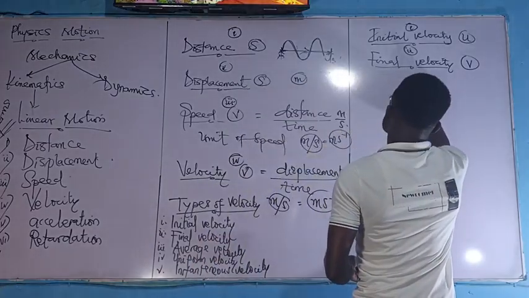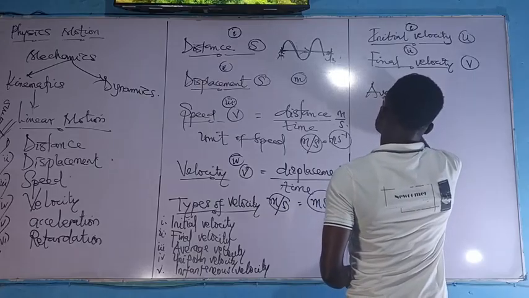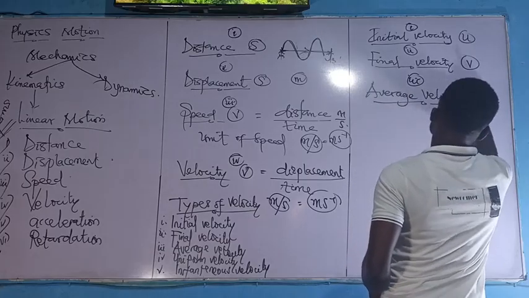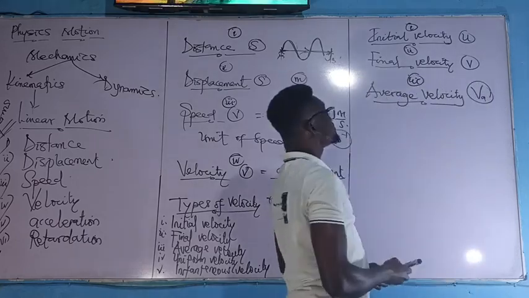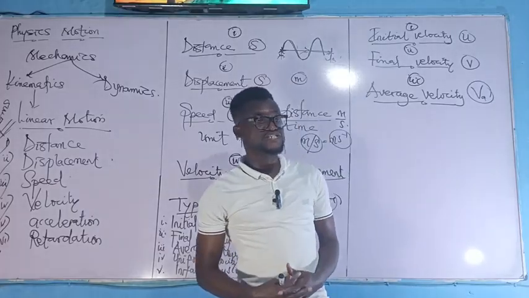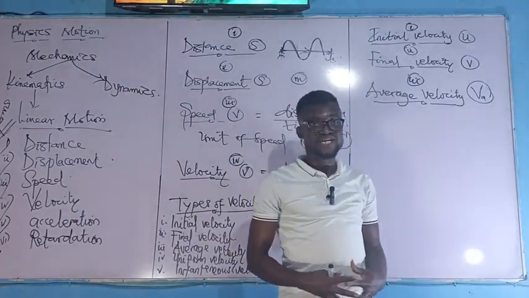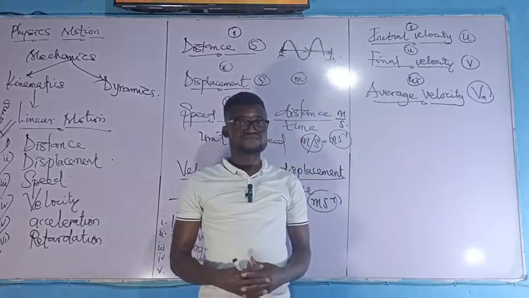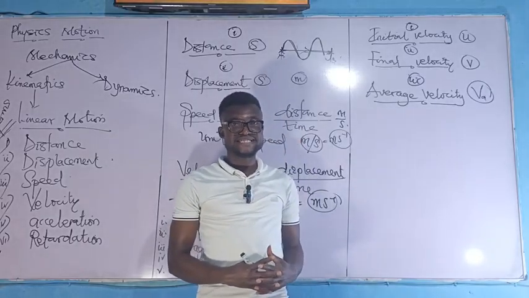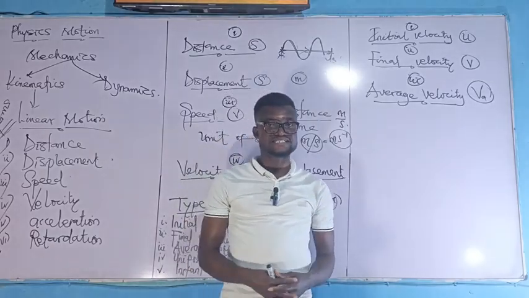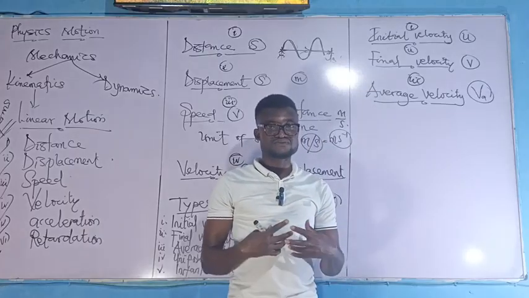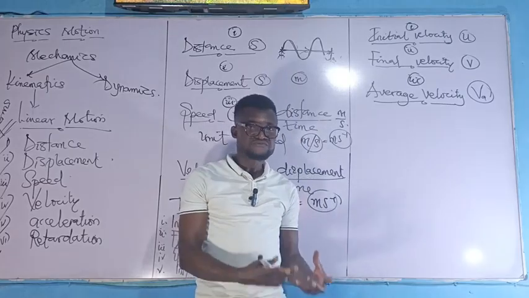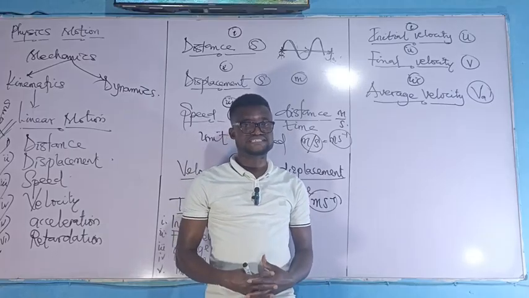Then another type of velocity is average velocity. Average velocity is denoted with V and subscript A. Now, in mathematics, under the topic statistics, we encounter the mean of an observation. So average and mean are the same.